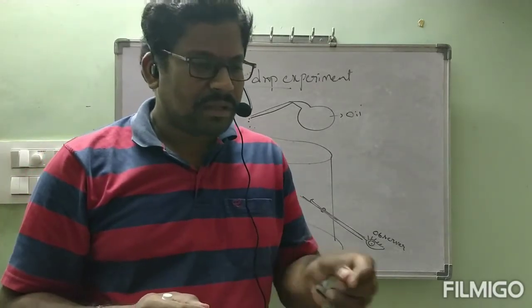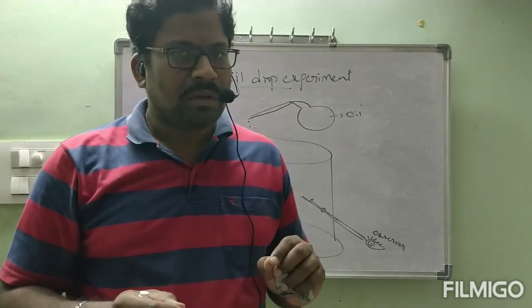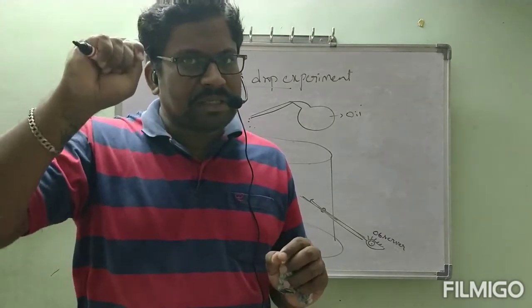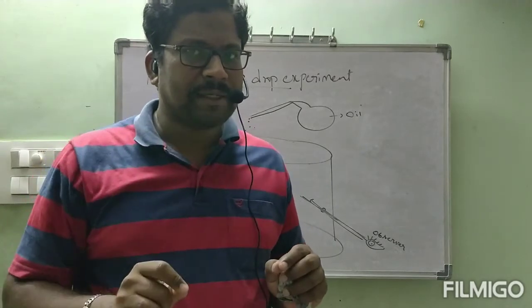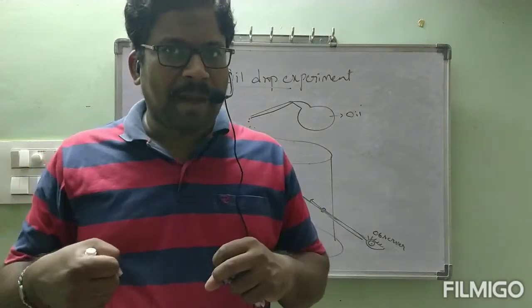What will happen? The small pieces of paper will be attracted towards that comb. What is happening there? Because of this rubbing, a little bit of charge develops on the comb. This charge will attract the paper pieces.